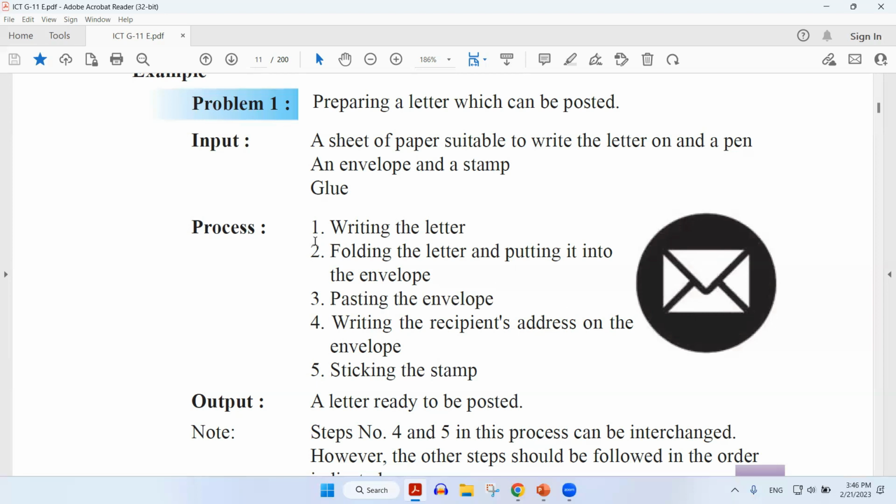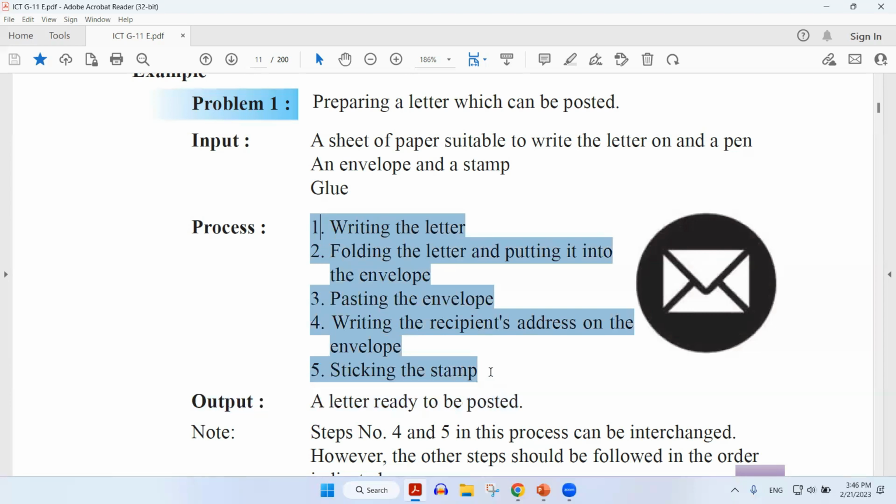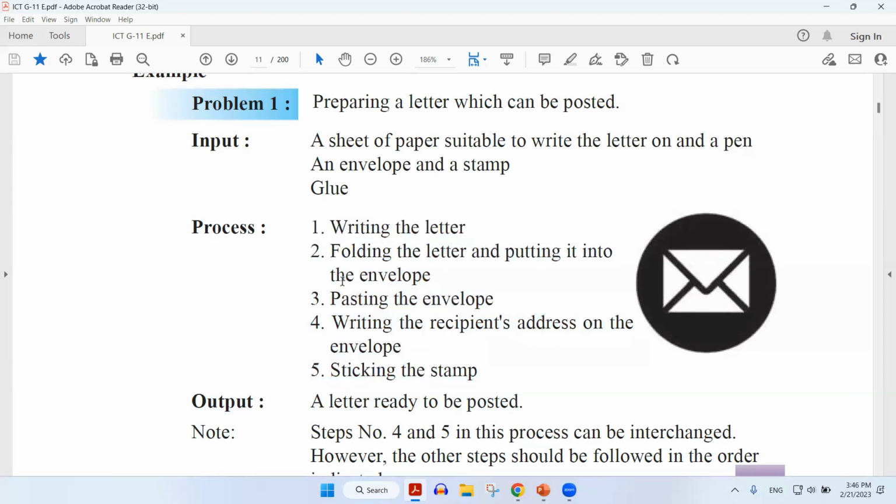If you think about the same scenario, with the same processes, writing the recipient address on the envelope and sticking the stamp will take the same amount of time, whether you do it after these three processes or at the initial stage. Writing the letter, folding it and putting it into the envelope also gives you the same time.